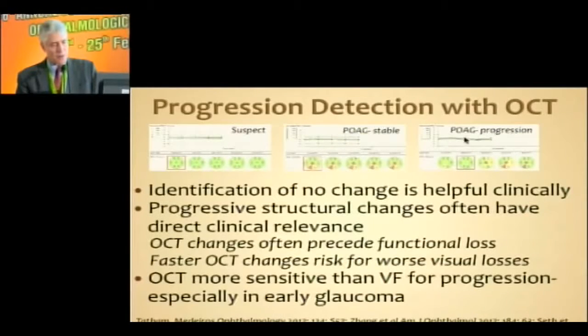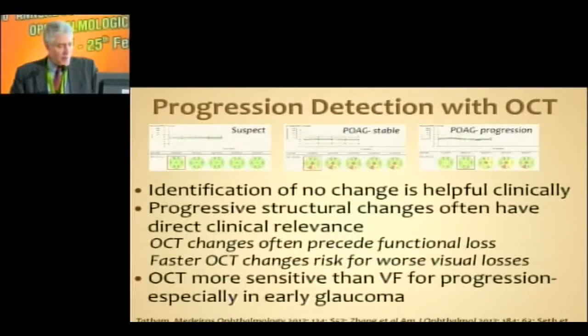And you're also seeing that in the curves where they're dropping down. You can see more dramatic drops for sure, but this is just one example from, I think, last week's clinics. So it's very common to see that, and when you do see that, it really alerts you to the progression. So it's extremely useful for that, and these changes often precede functional loss, so they can be very sensitive.